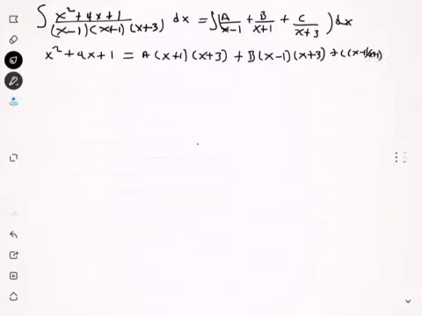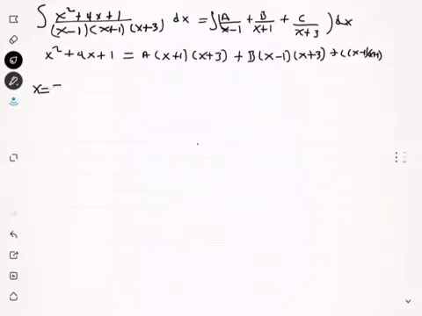The idea is to put the fraction on the left equal to the partial fractions on the right, and then clear fractions. So multiply by the common denominator, and that's what you get. So to find a, b, and c, we're going to let x equal 1.